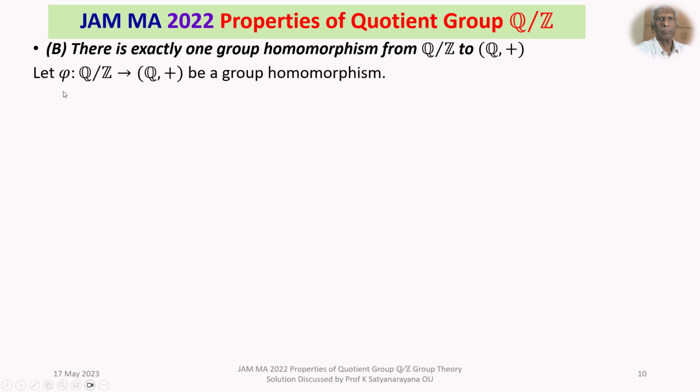Let phi be an arbitrary homomorphism from Q by Z to Q plus.